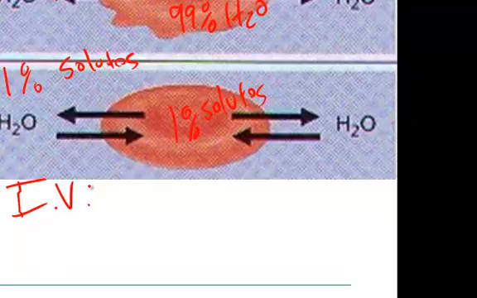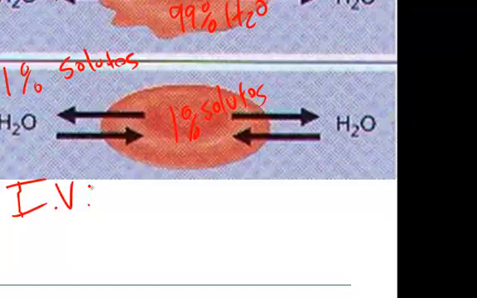An IV is an intravenous solution. That is, this is how medication can be delivered into a vein. You've seen these little bottles hanging from a rack in a hospital, and that's an IV solution. And the concentration of it should be isotonic. And sometimes if an error is made and the solution is too concentrated, it can be very, very harmful. It can even be fatal.